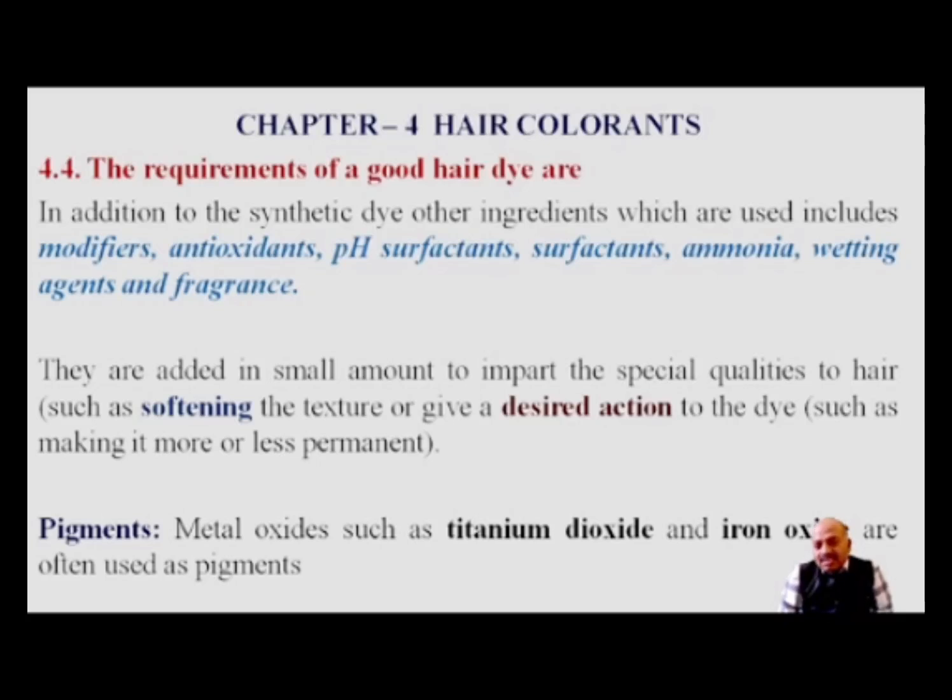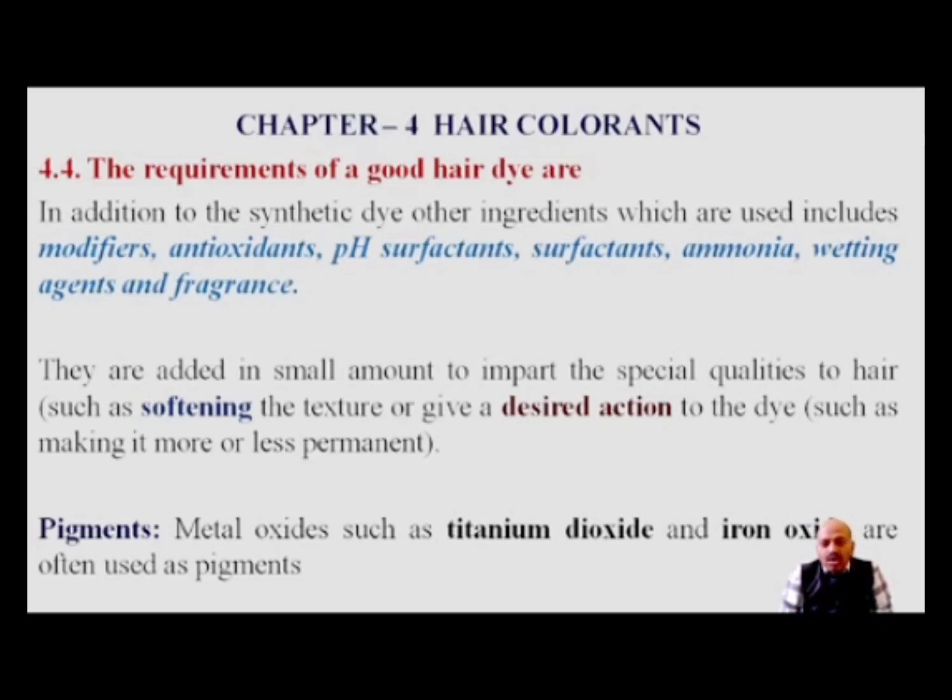In addition to the synthetic dye, other ingredients which are used include the modifiers, antioxidants, pH adjusters, surfactants, ammonia, wetting agents, and fragrance. Along with the good hair dye, these ingredients must be present to bring the effective quality or the longer lasting time of the hair dye.